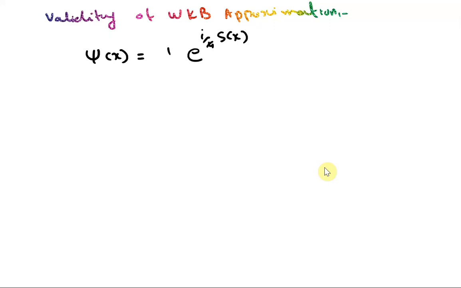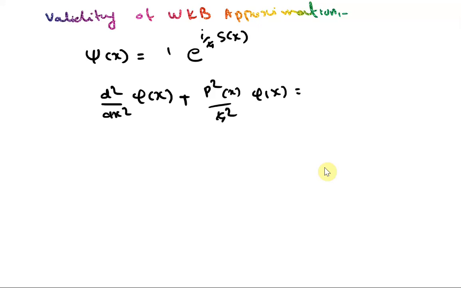My Schrodinger equation is nothing but d square by dx square psi of x plus, what else? I modified that into p square of x divided by h cross square psi of x equal to 0. So we have to find this quantity. d psi by dx is going to be nothing but s prime times i by h cross, times e raised to i by h cross s of x.